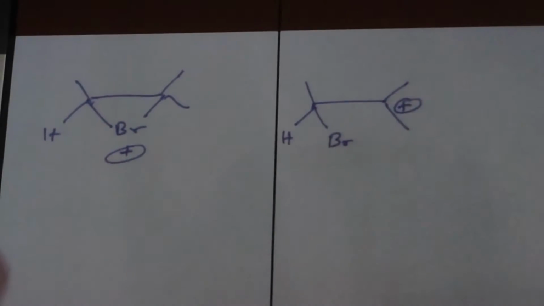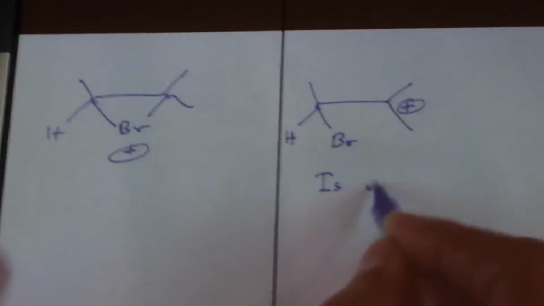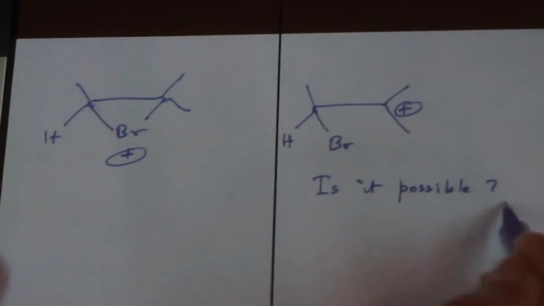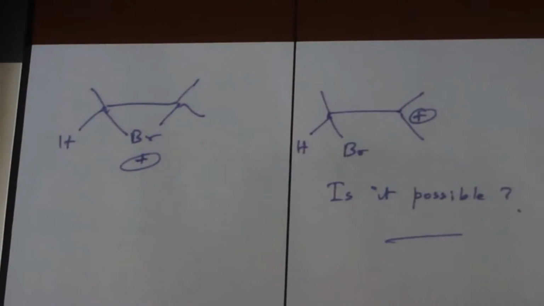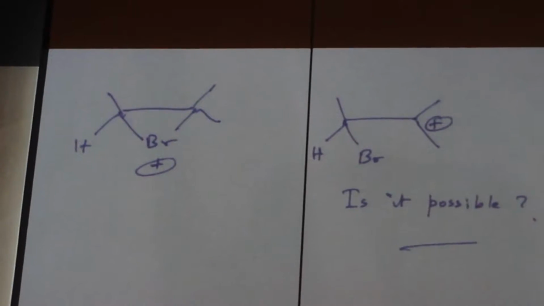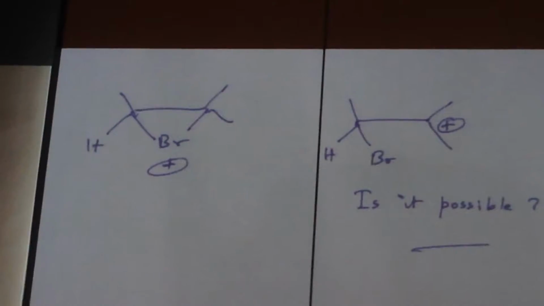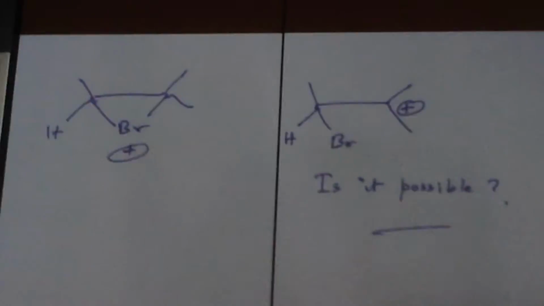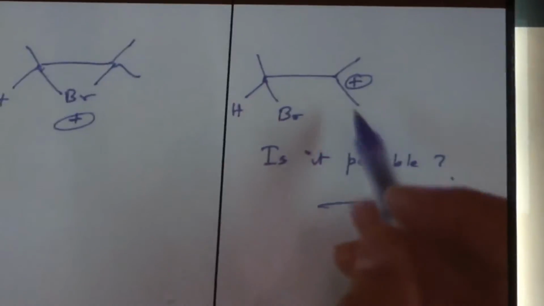If it is only attached to one carbon, is it possible that this is an intermediate and not this? One of the ways you can examine that is to see what the transition state would be in a molecule like this. The bromonium ion involves a small positive charge on the carbons, whereas this is one full positive charge.